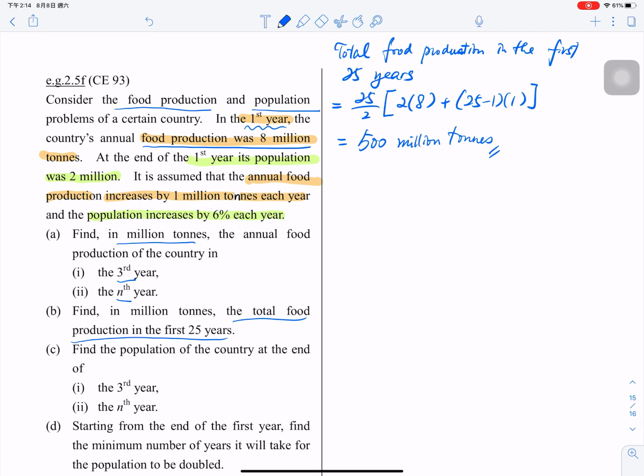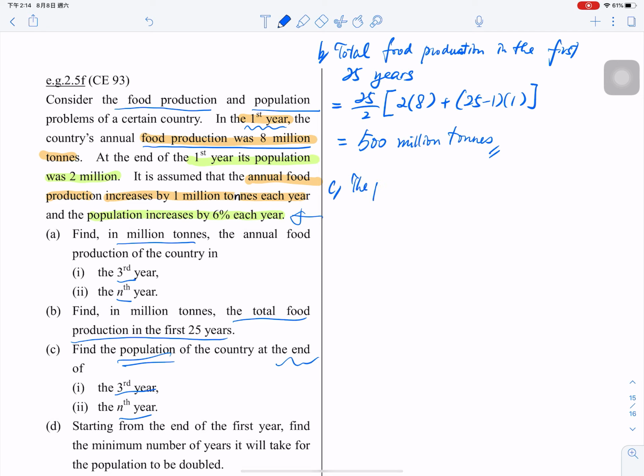Okay, part B. Part C, find the population of the country. This time population of the country at the end of the third year and the nth year. And the population increases by 6% each year.